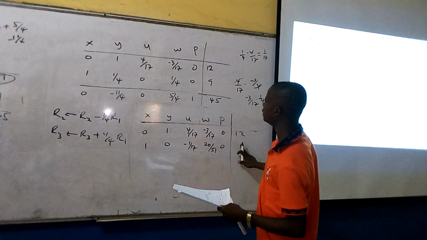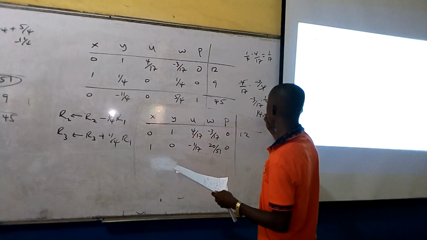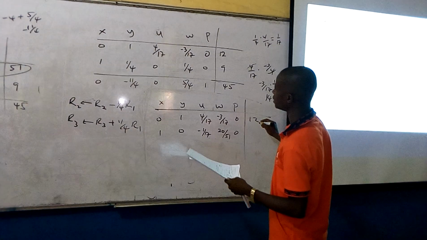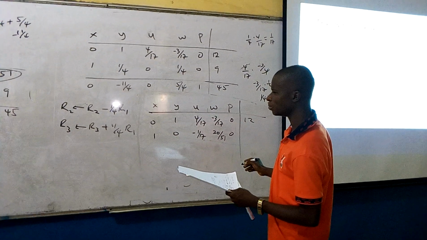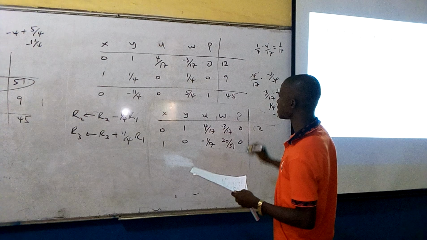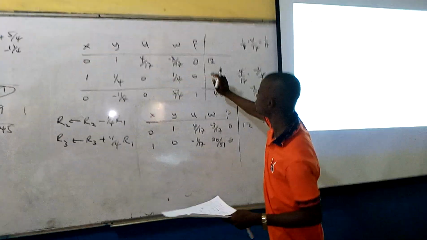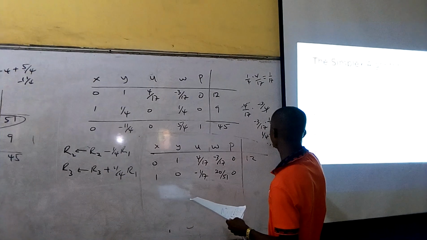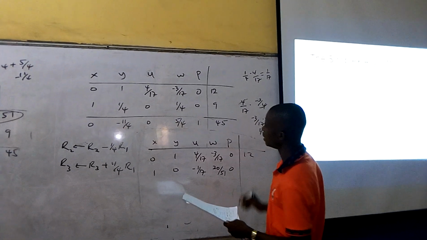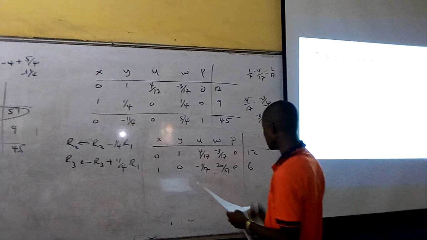Then this one, we multiply 1 over 4 by 9. Okay? And that will give you 9 over 4. Minus 1 over 4 by R1, by 12. That gives us 3. Okay? Then 9 minus 3 will give us what? 6.